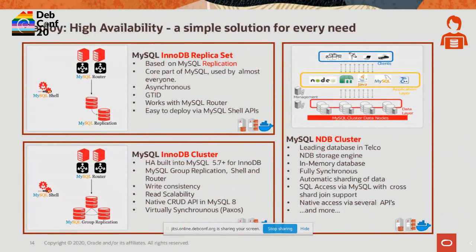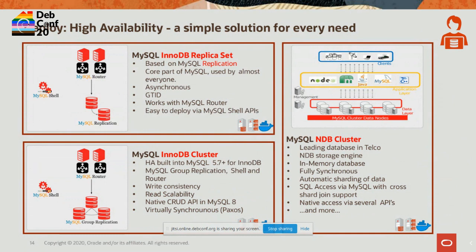We don't need to worry about high availability either, since we have 3 different solutions ready-made and available. They are InnoDB replica set, which is an automated way to deploy the classic asynchronous replication. There is InnoDB cluster, which is semi-synchronous replication with automated failover and conflict detection.